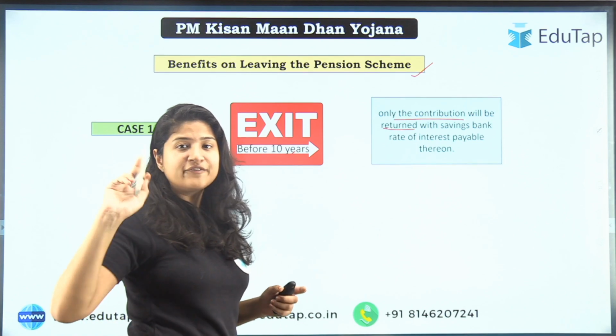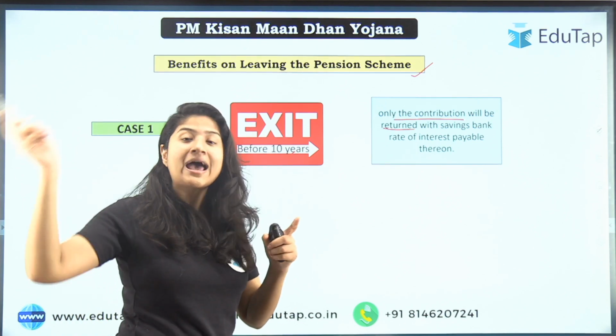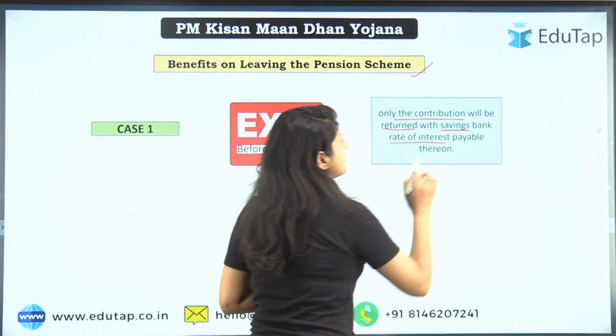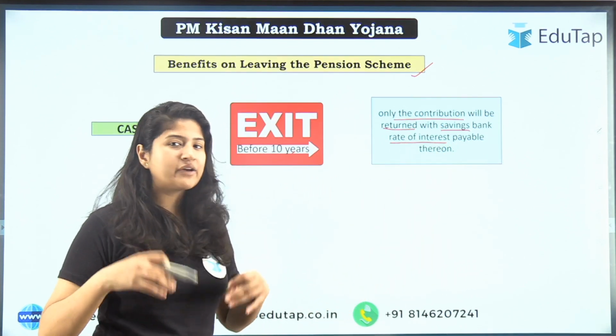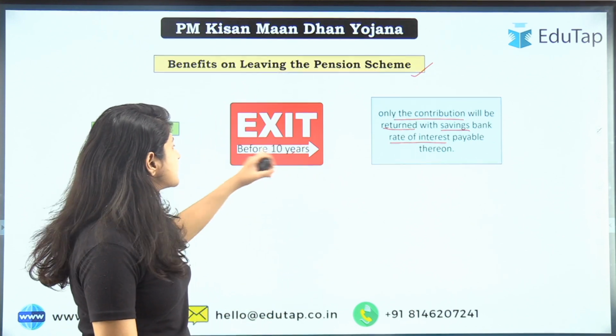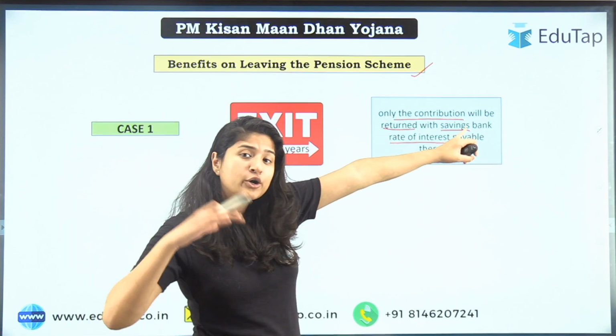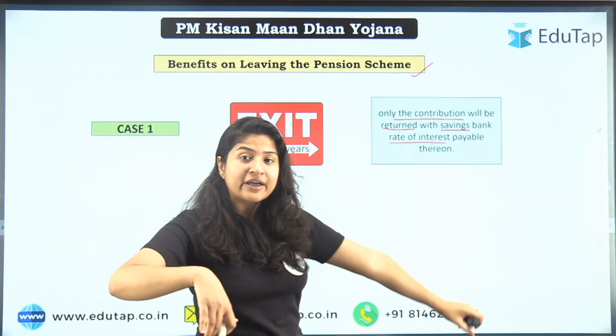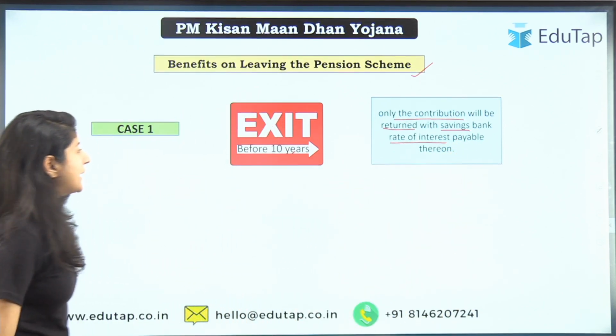So no benefit of the pension or what the government has added would be returned, only with saving bank rate of interest, because we are talking about bank here. So whatever you are submitting, you must be getting interest over it, right? So if you exit before 10 years, you will get only the contribution which you have paid, and whatever interest from the bank you would have got on that particular money.